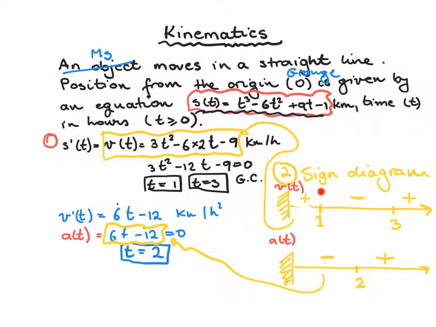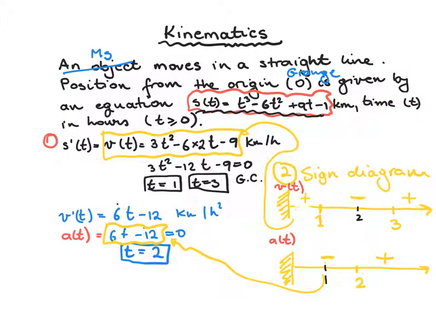But then we can see from 1 here, let me put a small 1 here, from 1 to 2, if I put 2 there, the signs of the velocity and acceleration functions are the same.